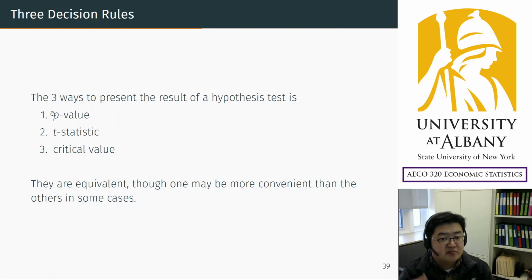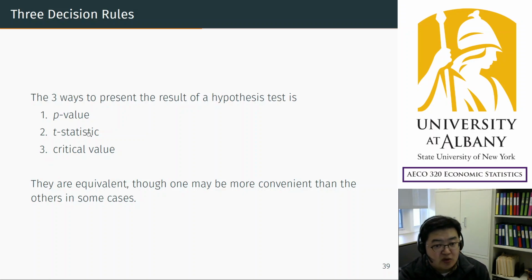First, some programs give you p-values so that you can decide whether to reject or not by yourself. In other cases, the t-statistic is calculated, and you may use the t-statistic to make your decision. And finally, in some cases, critical values are calculated.